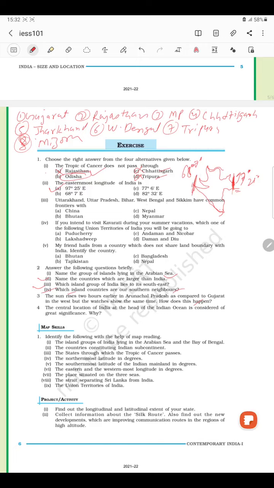Uttarakhand, Uttar Pradesh, Bihar, West Bengal and Sikkim have a common frontier with China, Nepal, Myanmar and Bhutan. You can see Myanmar is on this side, and Bihar is in this area, so you can eliminate Myanmar. Bhutan is here, and Uttarakhand is this side, so Bhutan is also not. China is also not.